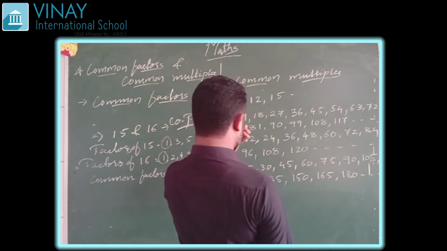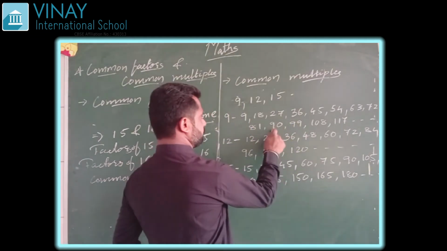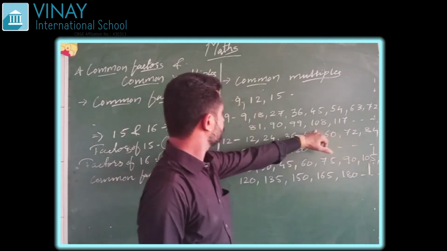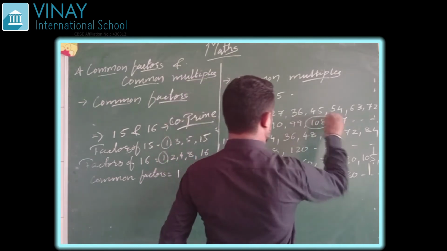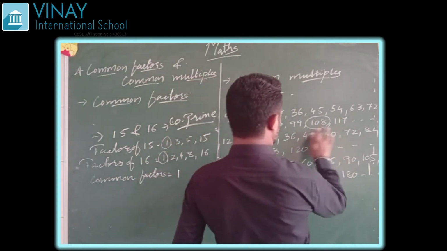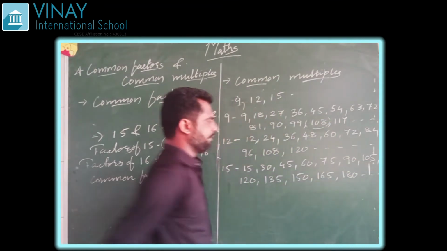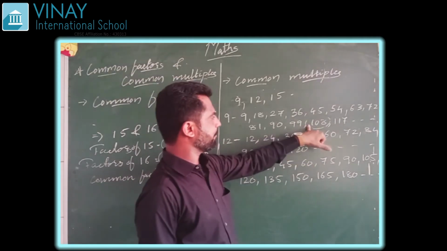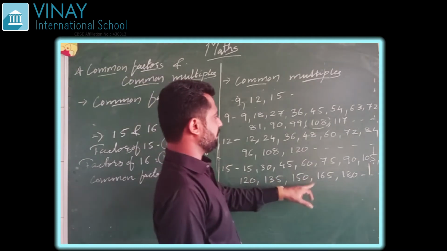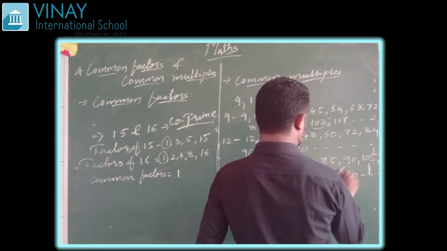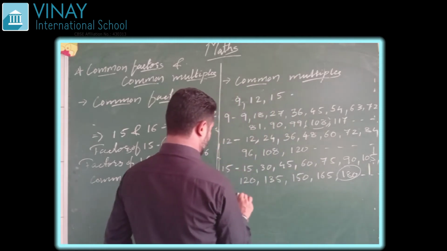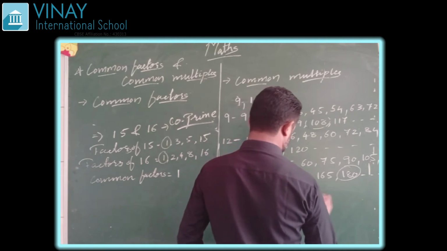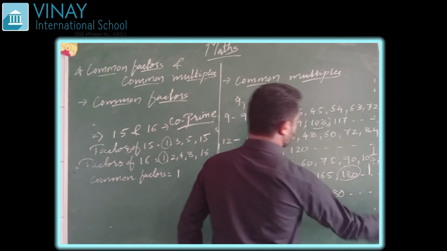No. 90 is there in 9 but not in 12. 108 is there in both but not in 15. 120 is there in 12 but not in 9. So if we go like this, the common multiple will be 180, and it will go on.